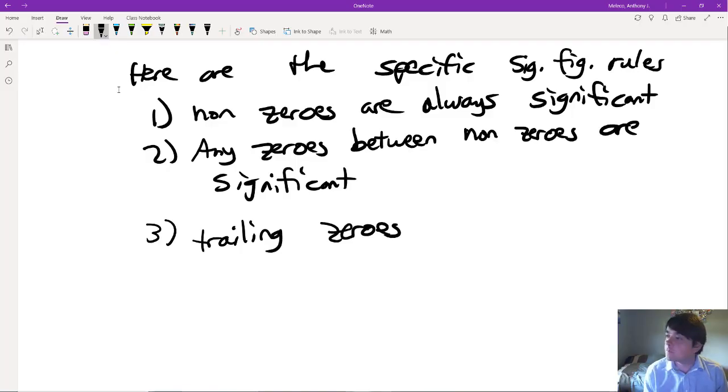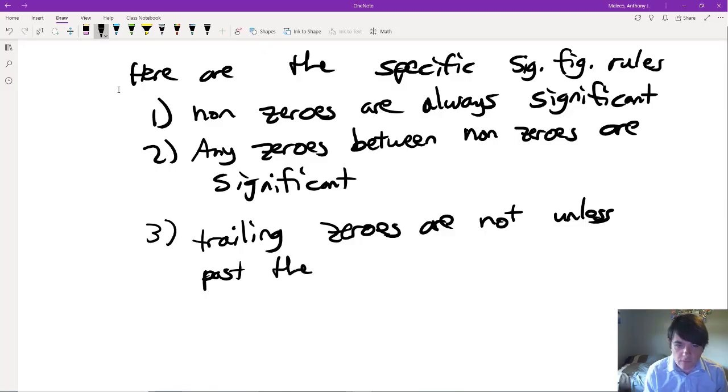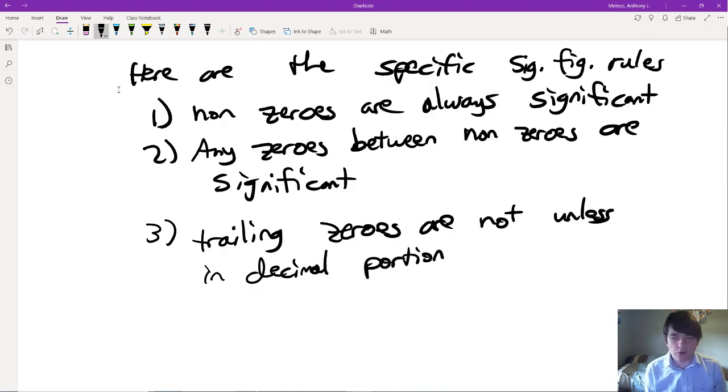Trailing zeros are not, unless, how do I say that? Unless in decimal portion. So for example, 1,000 would only have 1 sig fig.